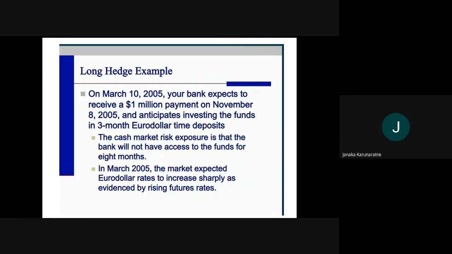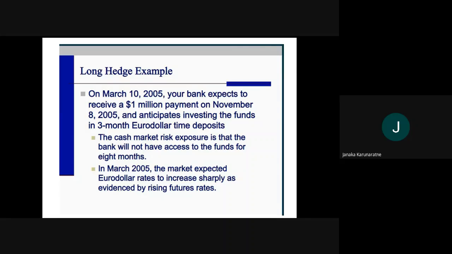So you want to invest in a 3 months dollar deposit in November. But if the interest rate goes down, your investment income will come down in the cash market. So what do you do? You can go long on futures contracts, 3 months euro-dollar contract.